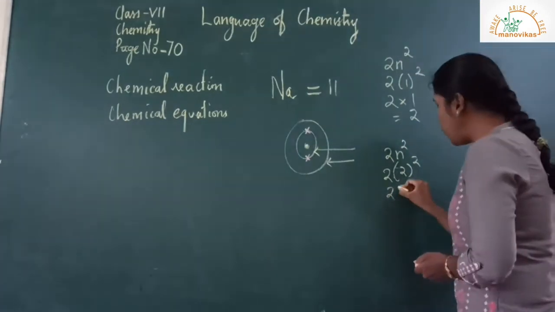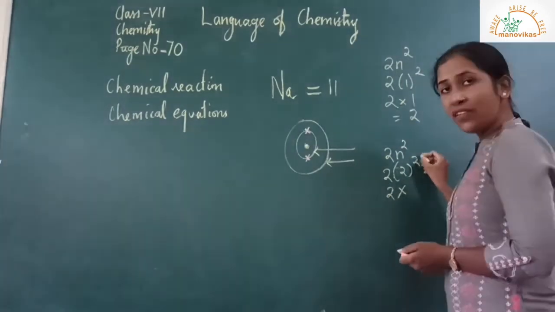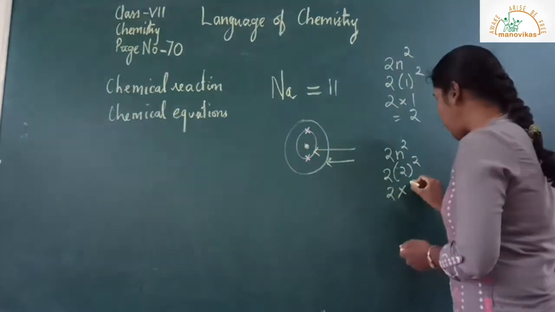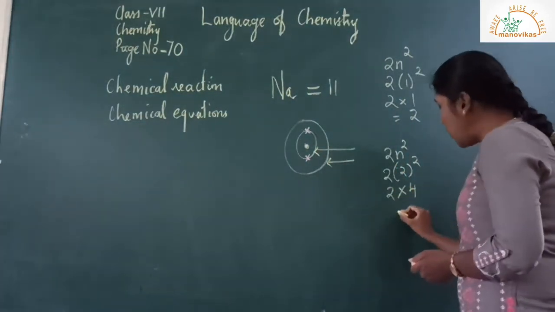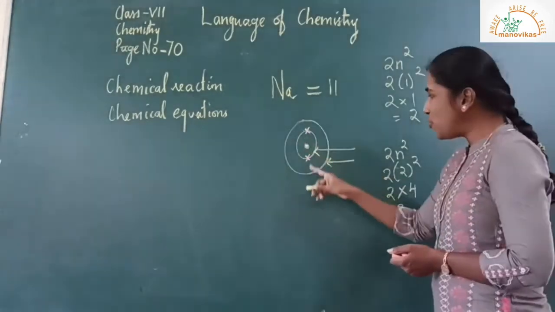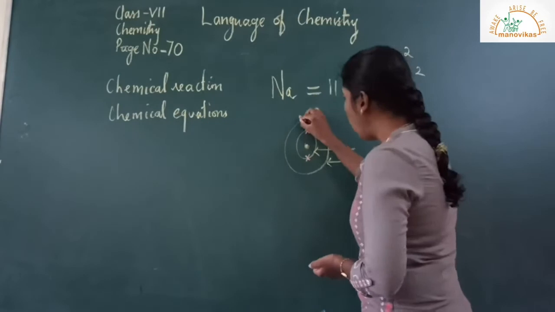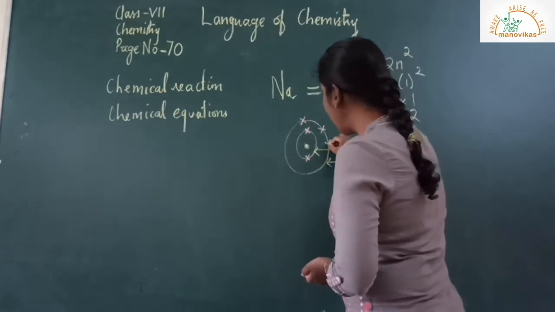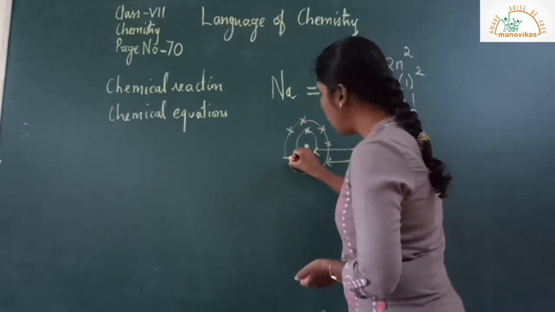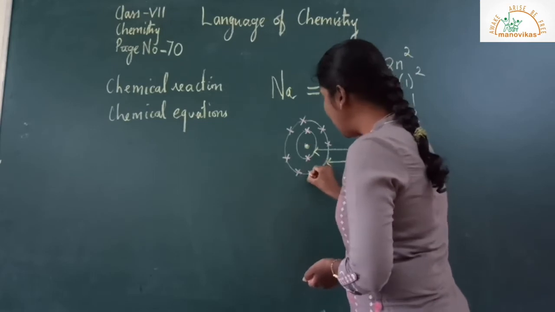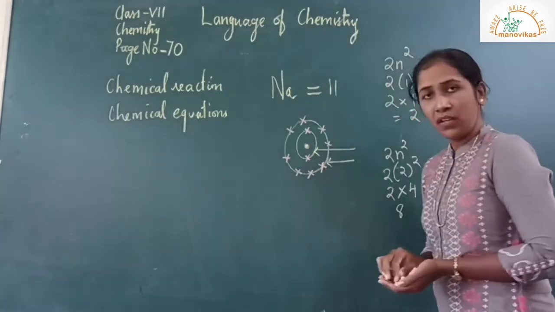So it will be 2 into, what is 2 square? 2 2s are 4. So 4 2s are 8. So in the second shell, we are going to have 8 electrons. So 1, 2, 3, 4, 5, 6, 7, 8.